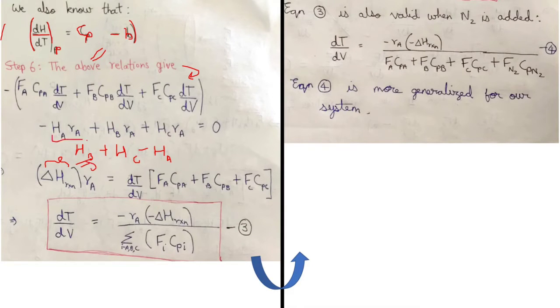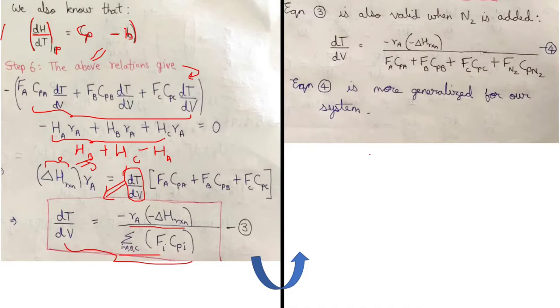So these terms give the delta H of the reaction, and when we take dT by dV common from the previous equation in this term, we finally obtain the change in temperature with respect to volume is given by the product of rate of reaction and the change in enthalpy of the reaction divided by the sum of flow rate and specific heat capacity products of all components within the system.